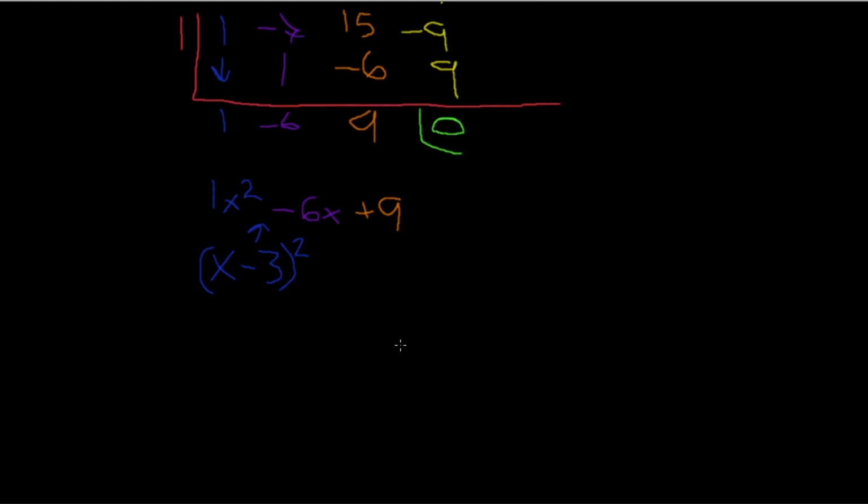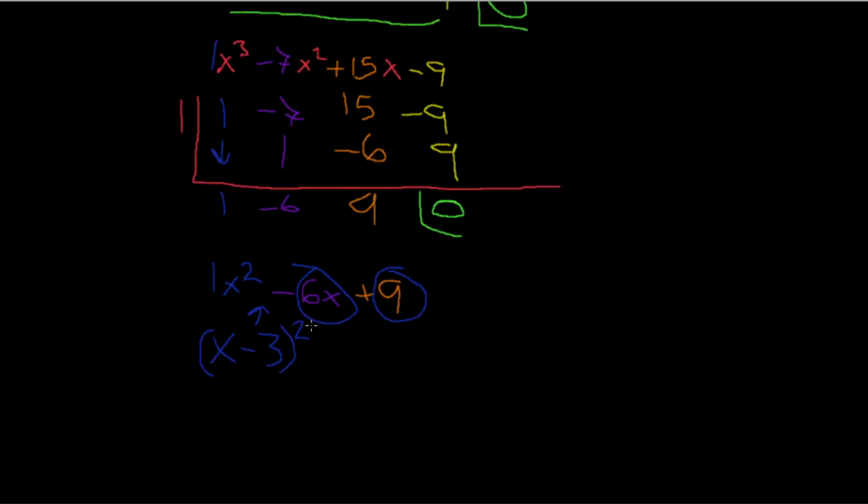To recognize that, we can notice that this is 2 times 3, and this is 3 squared, and the negative sign means that this will be negative. So when the square root of the last term is equal to half of the middle coefficient, then you have a perfect square equation.